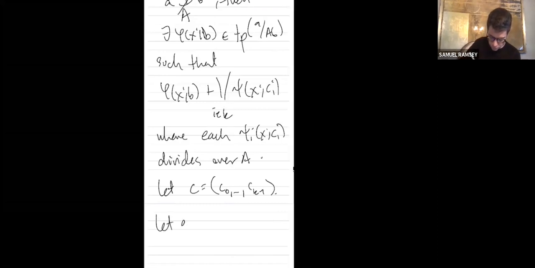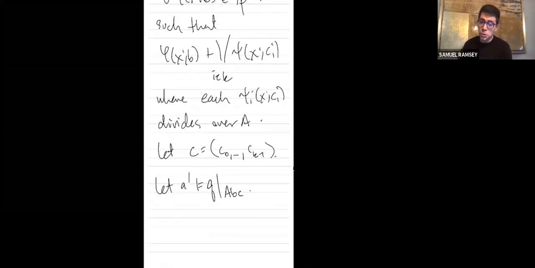But what we can do is we can let C be a list of those new parameters. So we take the new parameters, call them C, and what we can do is we can let A prime realize Q, not just over AB, but now over C as well. So now these formulas, which had parameters in these new things, I mean, these new parameters are now parameters of the type that we're looking at.